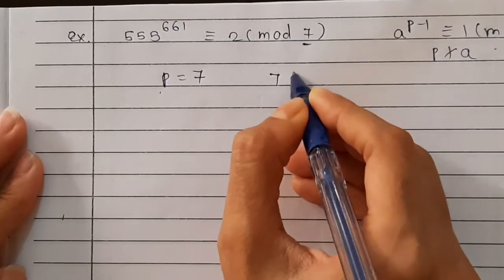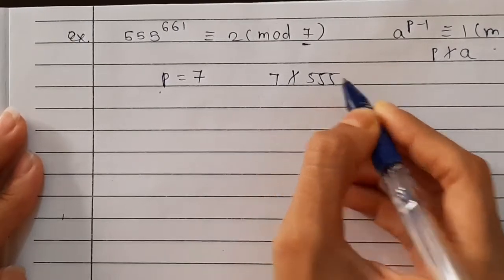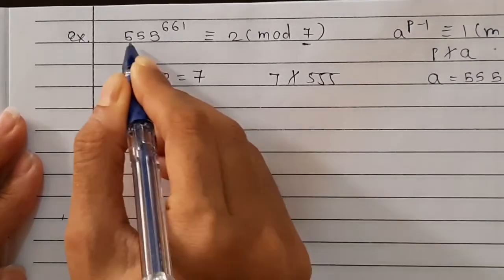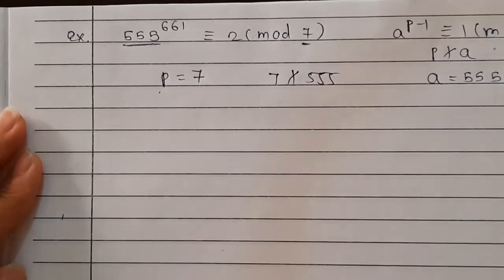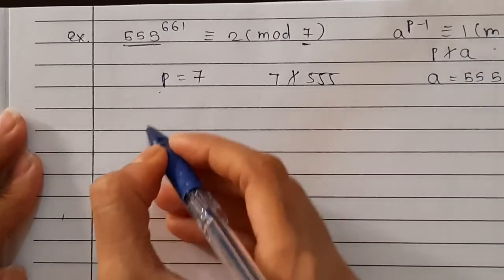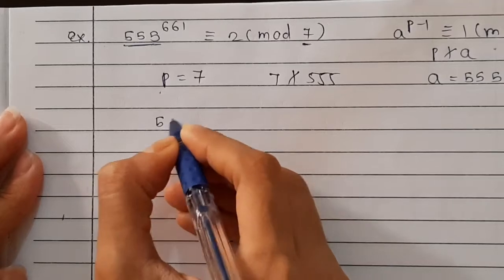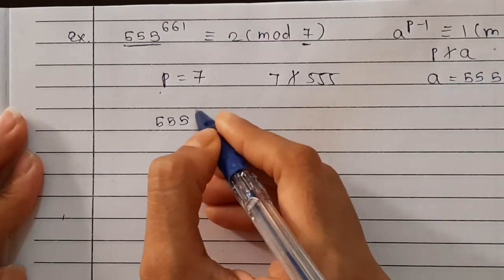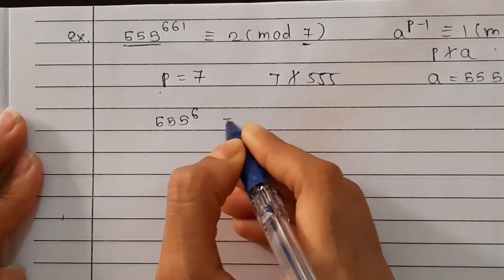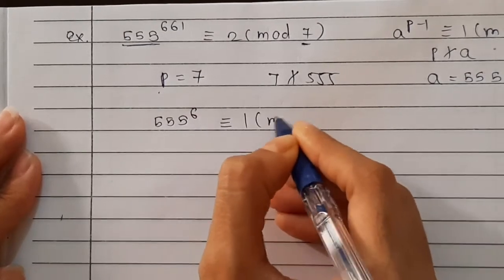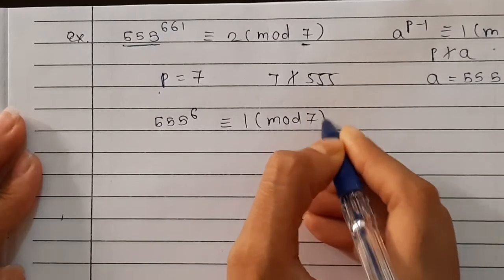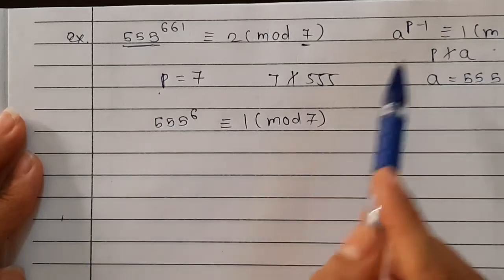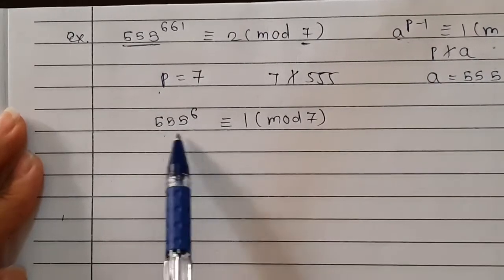So 7 does not divide 555, because a is equal to 555. This is our a. So now we write 555 raised to 6 is congruent to 1 mod 7, by using Fermat's theorem.